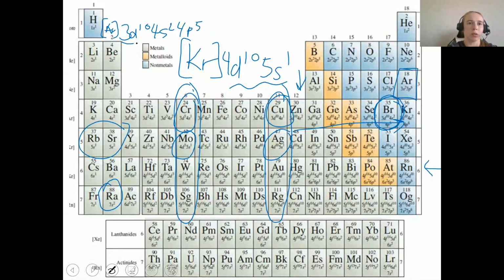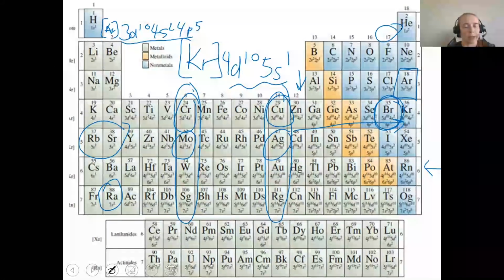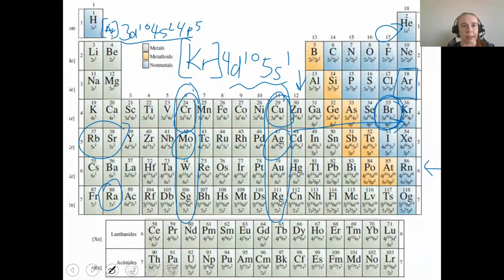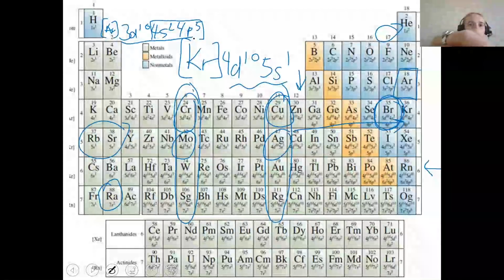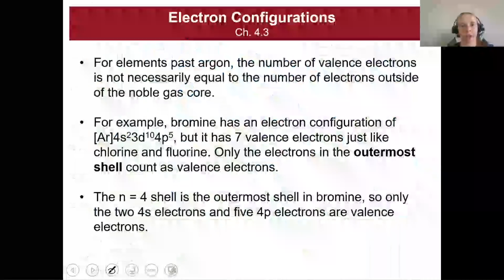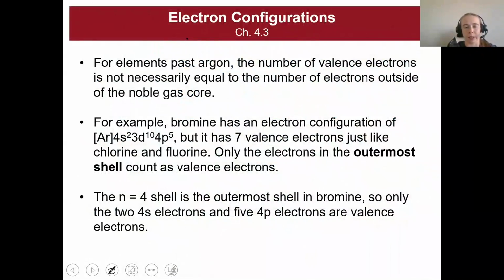So there's 17 electrons here, which corresponds with the group number 17, but we don't count all of those as valence electrons. The number of valence electrons comes from the outermost shell. So bromine has 7 valence electrons, just like chlorine and fluorine.